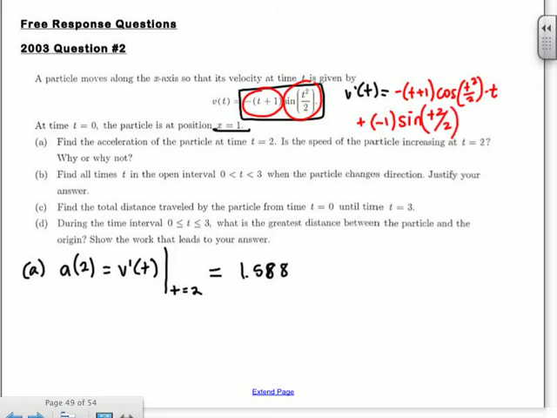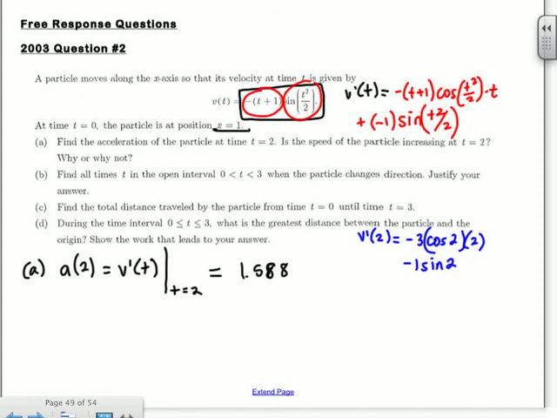Now, sometimes that nDeriv function will give you errors. If there's a lot that it has to compute, the calculator will mess it up. So it's always good if you have extra time to go back and check these. But let's say we plug in 2, we'd have v prime of 2. So I'd have negative 3 cosine of 2 squared over 2, so 2, times 2, minus 1 sine of 4 over 2, so 2.